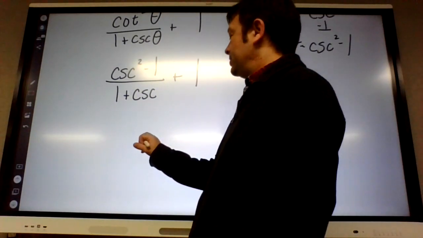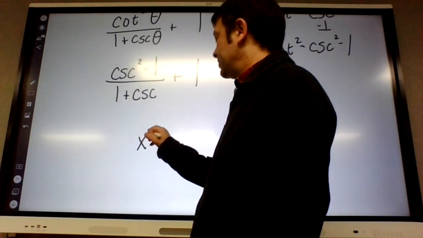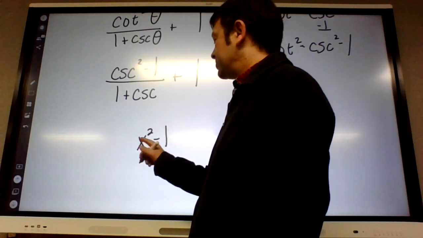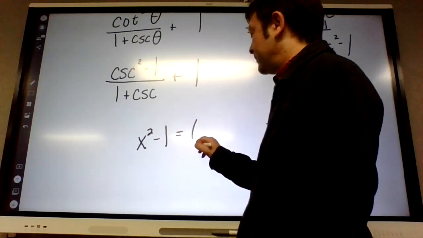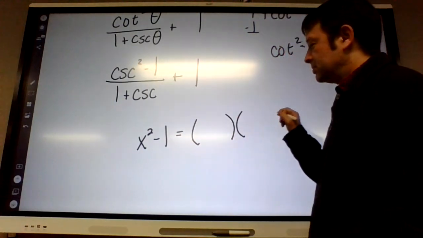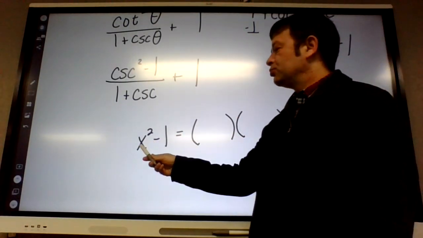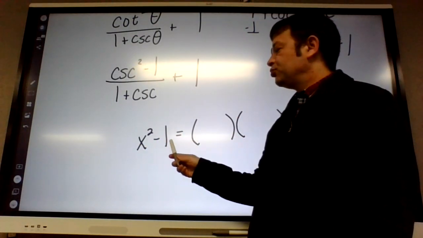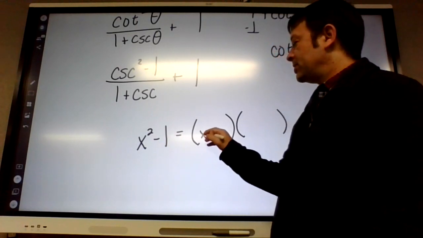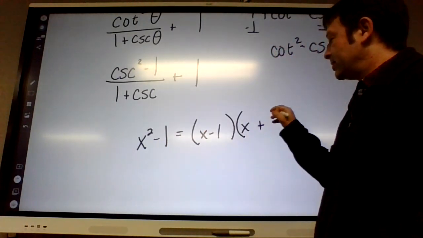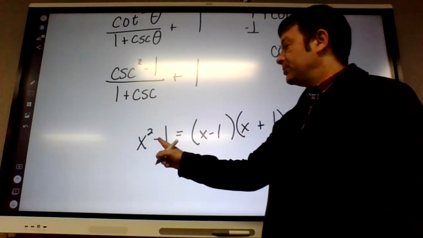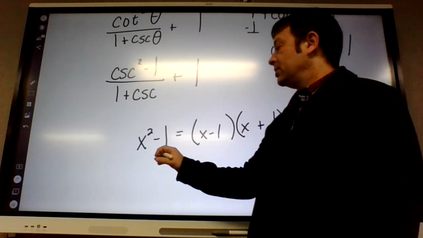Do you guys remember factoring x squared minus 1? How does that factor? x minus 1, x plus 1. It's a square minus a square, right? You just take the roots of both: x minus 1, x plus 1.